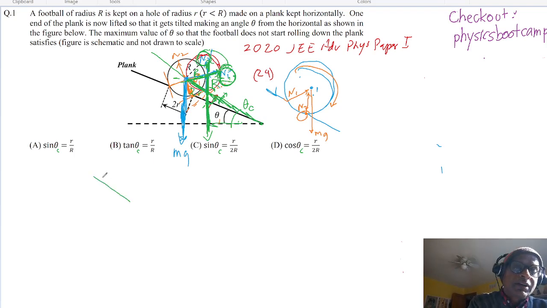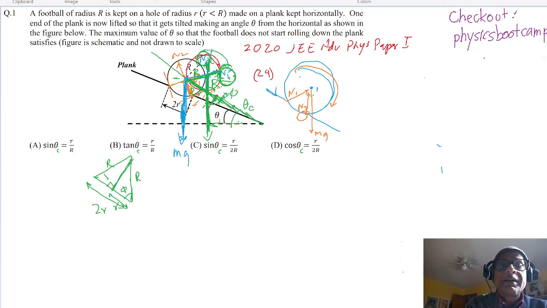So look at that triangle. It's like that. This angle phi, and this is r, and this is 2r. If I draw a 90 degrees on it, so this will be r. So in this triangle, this is phi and this is theta, then phi is 90 degrees minus theta.